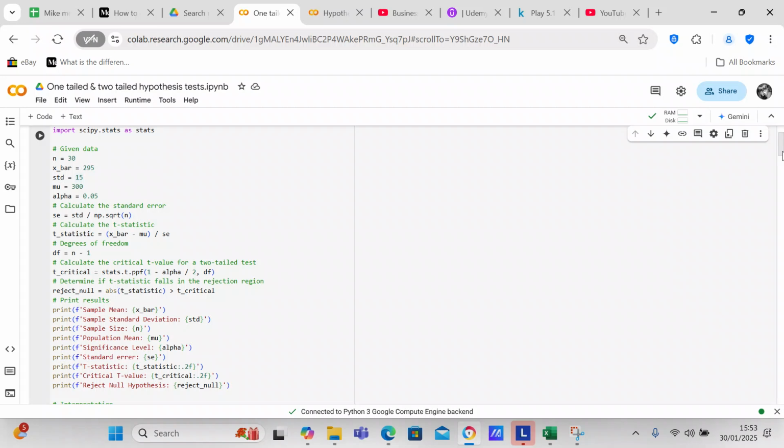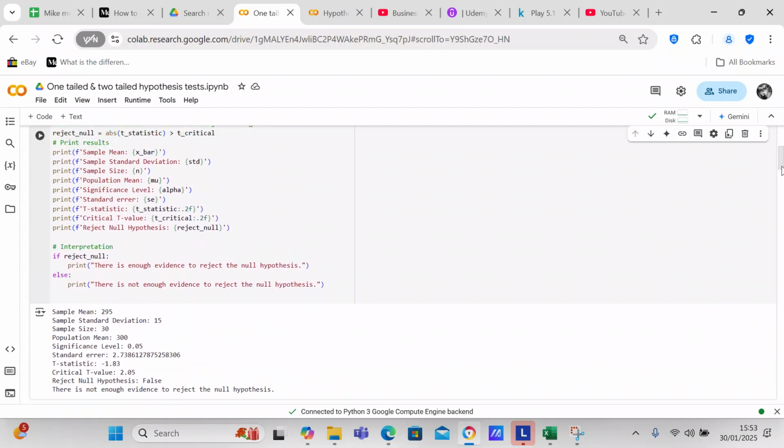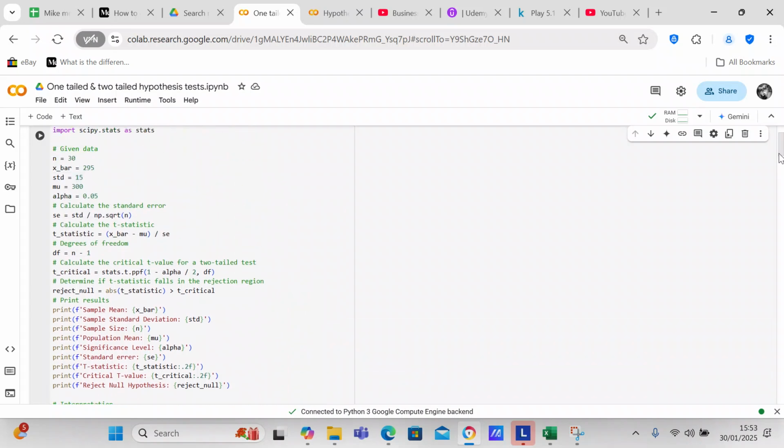So we're going to calculate the standard error. SE equals STD divided by np.sqrt(n). And then the standard error is going to be 2.73. Then we're going to calculate the t-statistic.